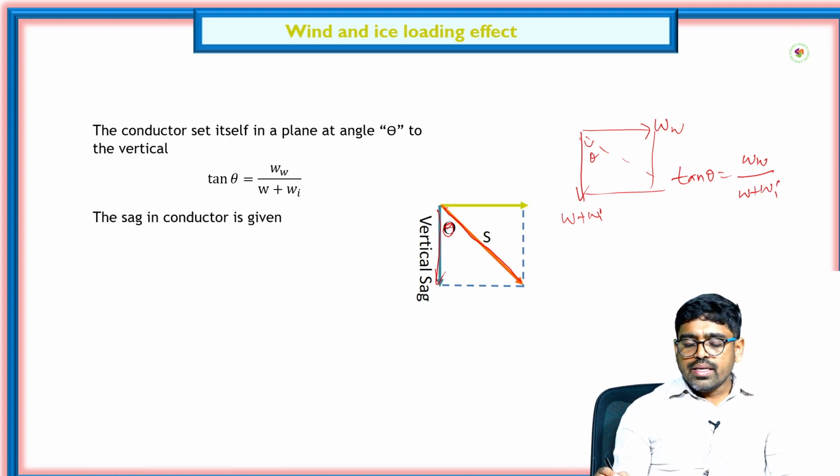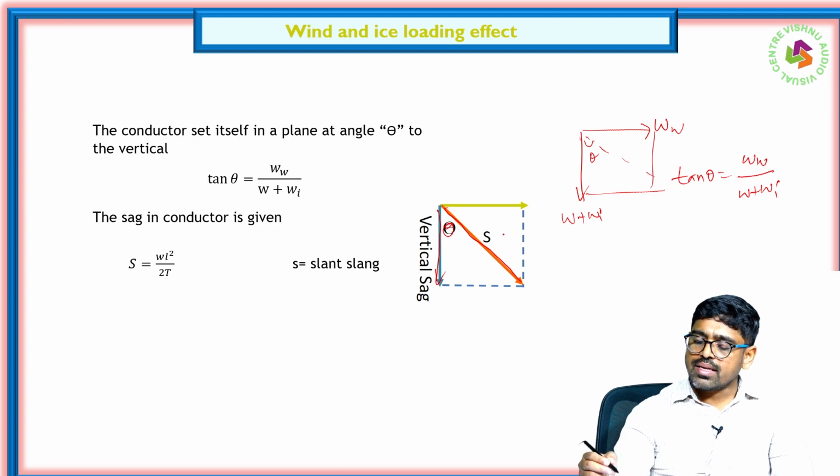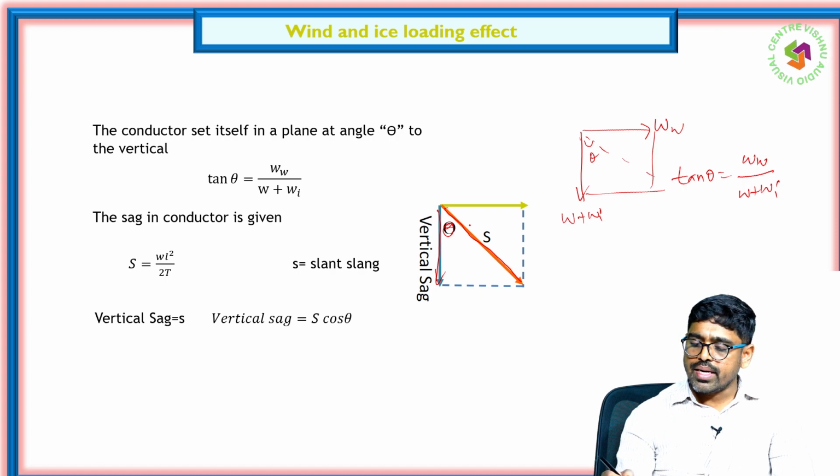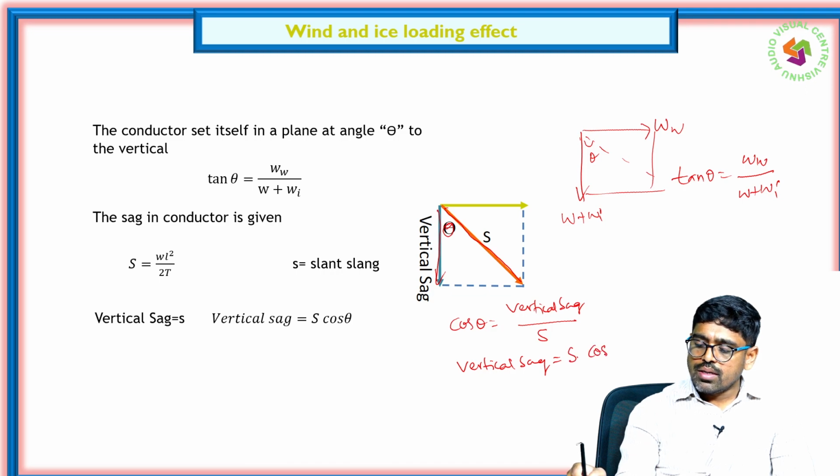The sag in the conductor is given by S equal to WL square by 2T. This S is called the slant sag. If you take the theta for this, cos theta equals the vertical sag divided by S. From this, the vertical sag is S into cos theta.